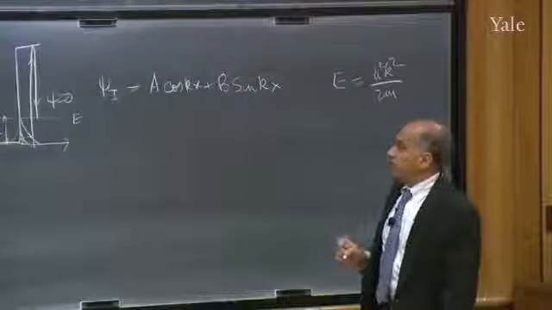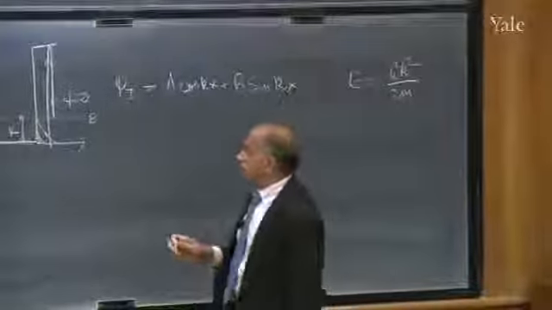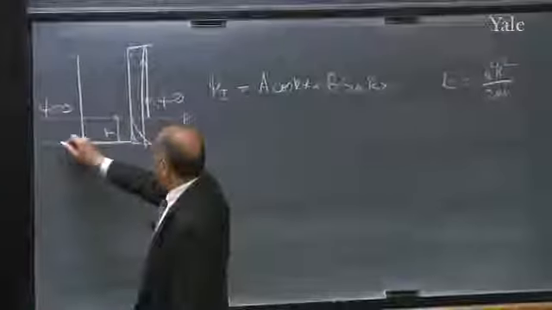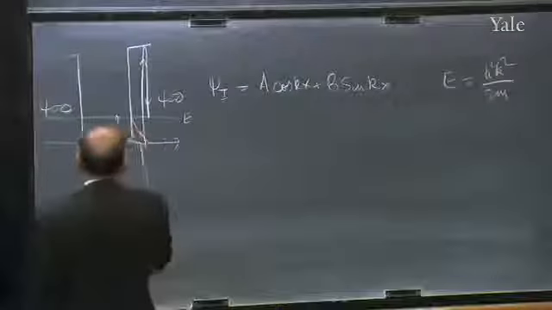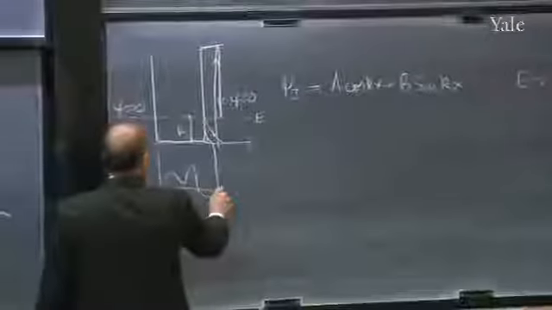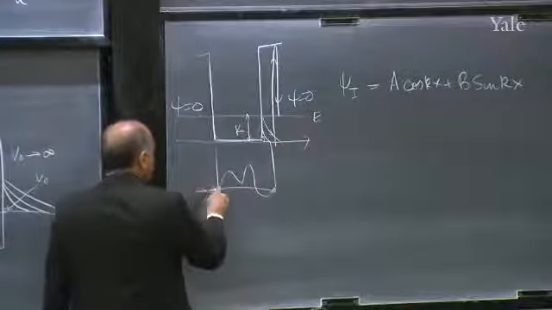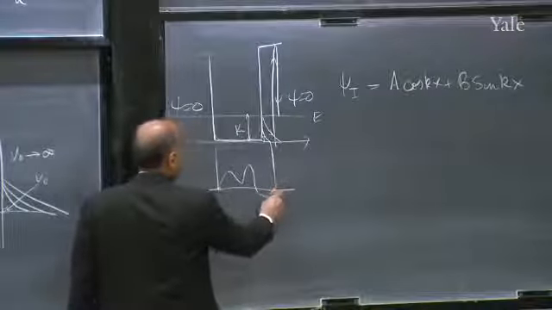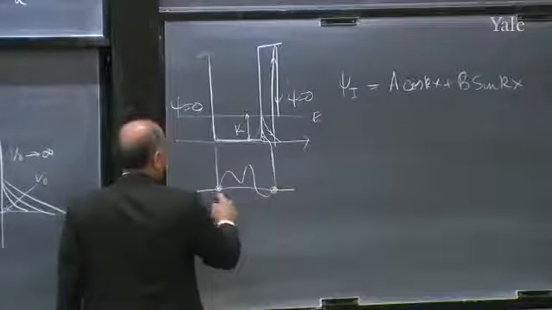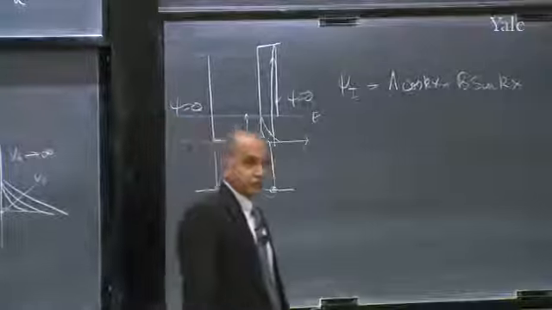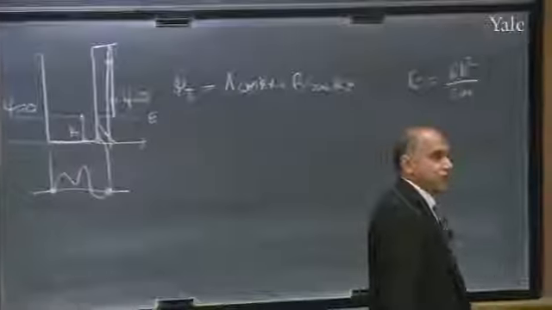But now we have an extra restriction. If you draw the function in this well, it can do whatever it wants, but it must vanish at the two ends. Because it's 0 here and it is 0 here, just by continuity of psi, every psi that's allowed must vanish at the two ends. That's the new restriction.